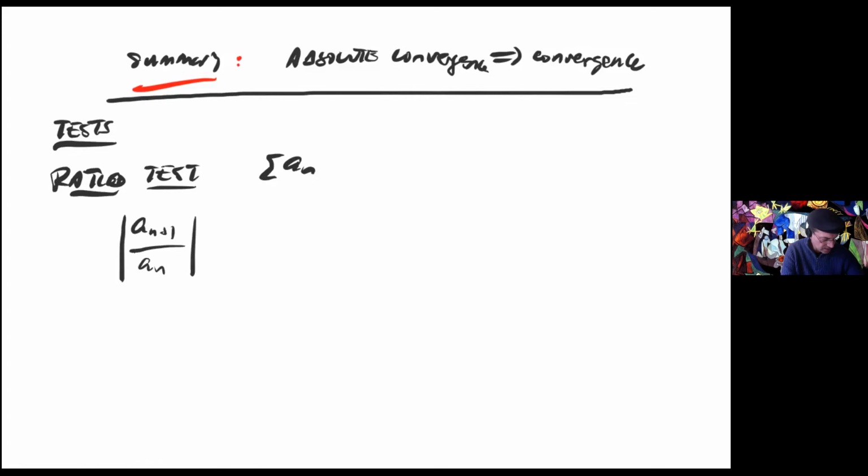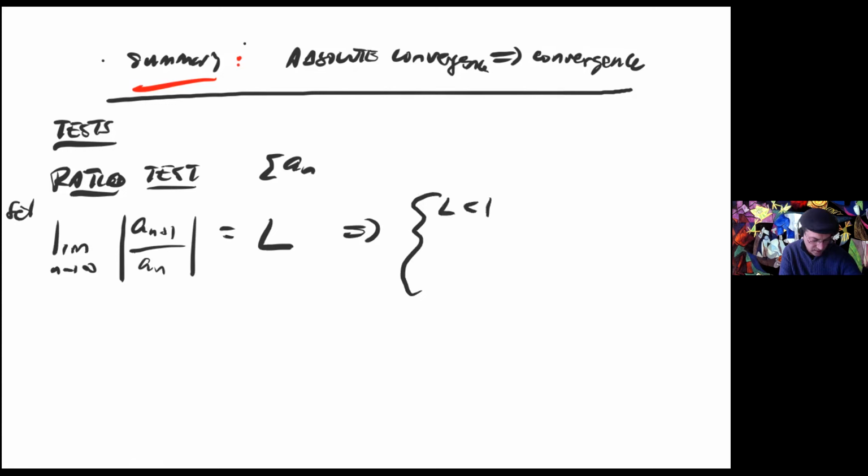Okay, and we take the limit as n approaches infinity of that expression, and we'll set that equal to some L, assuming L is a number. And then the statement is, if L is less than 1, the series absolutely converges.